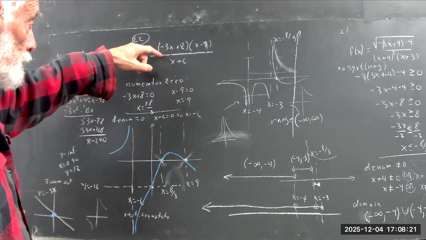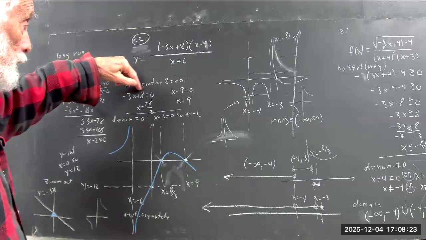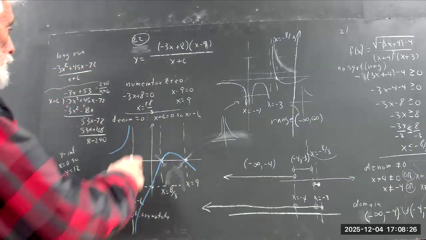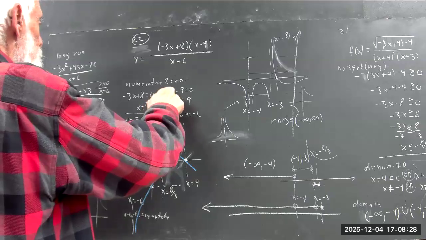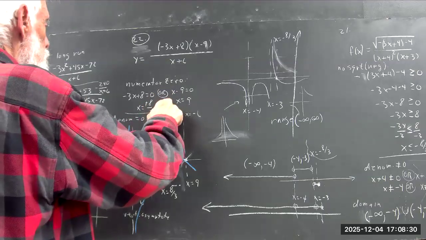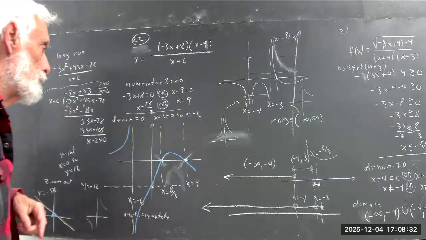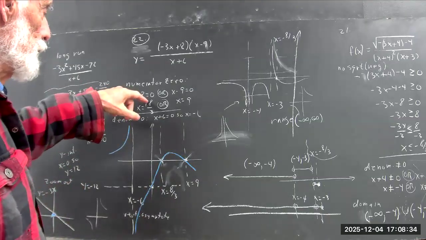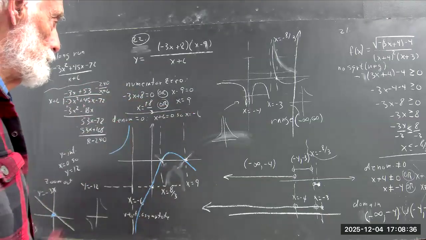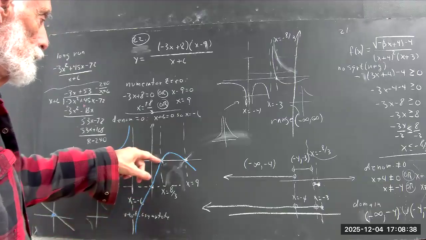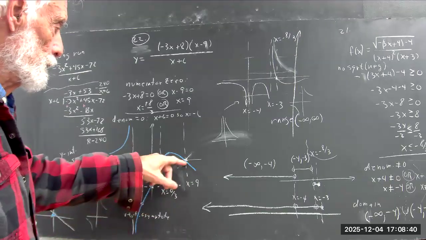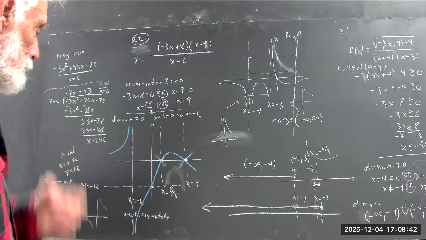Your numerator can be 0 if negative 3x plus 8 equals 0, or x minus 9 equals 0. That gives you x equals 8/3 or x equals 9. So at x equals 8/3, you have a 0. At x equals 9, you have a 0.